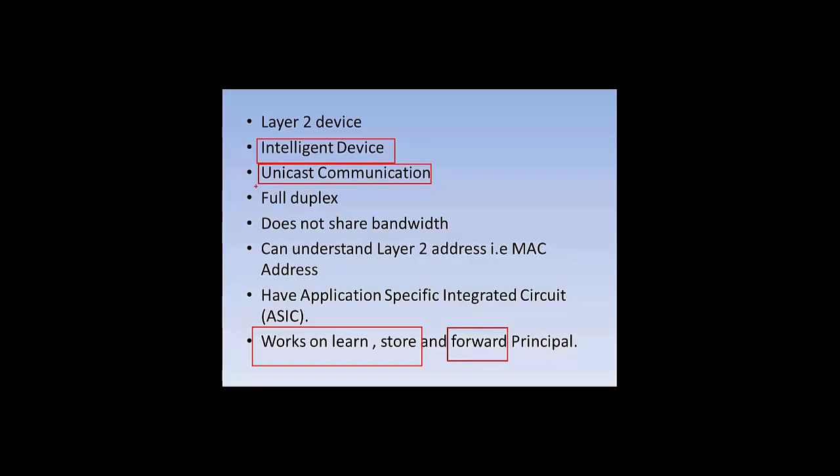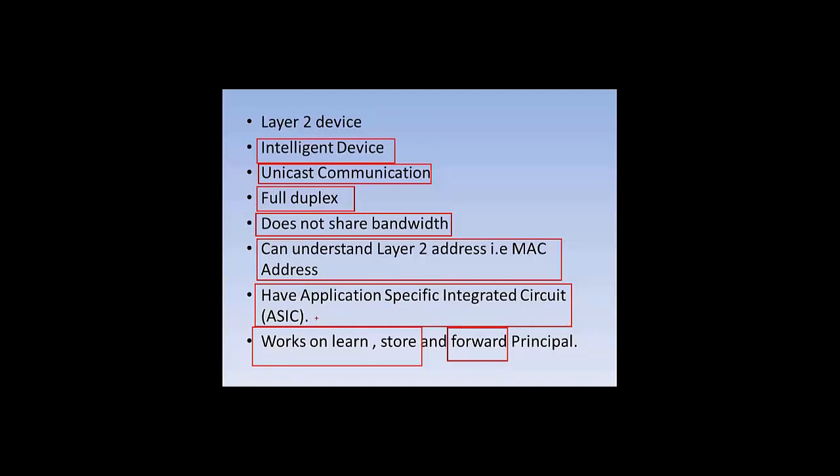It works in full duplex mode, so it can simultaneously receive data. It does not have a shared medium, so it does not share the bandwidth. It understands the MAC address, and takes all forwarding decisions on the basis of MAC address, using a specific generic processor inside the switch known as the application specific integrated circuit, ASIC.